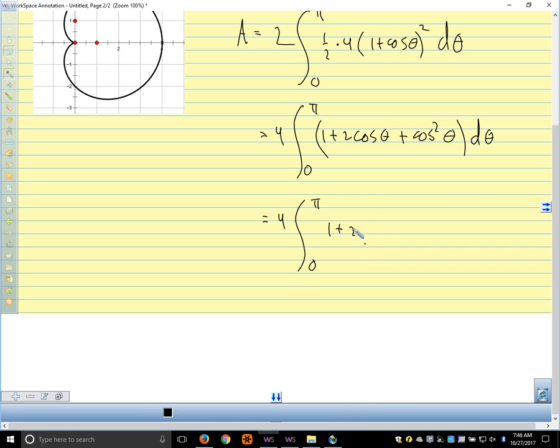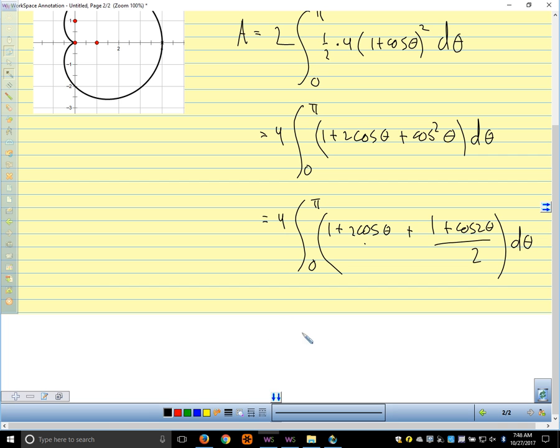plus, since sine squared theta and cosine squared theta show up often in these integrals, (1 plus cosine 2 theta) over 2, d theta. This shows up frequently, and this is not too bad to evaluate.